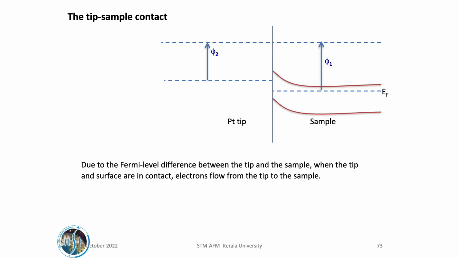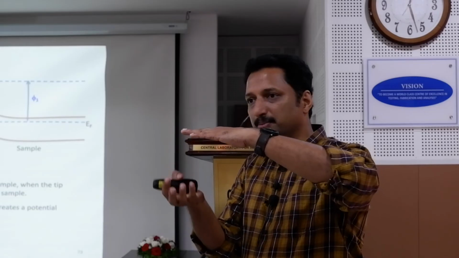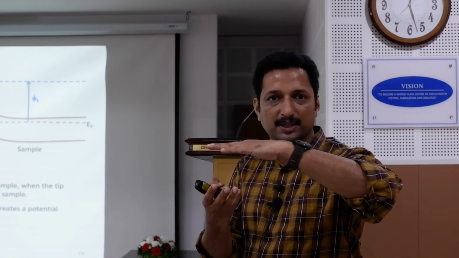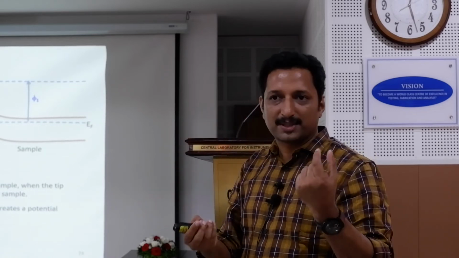Now, how is it going to be measured? We have this tip, and as I told you before, the tip is now a conducting tip. We cannot just put a metal tip on a cantilever. What we do is take the cantilever and evaporate some gold or platinum on it. We don't have to do that ourselves, we can buy platinum-coated tips.